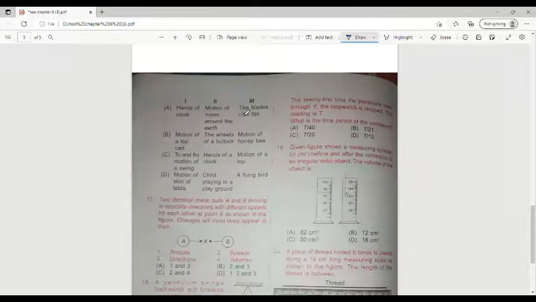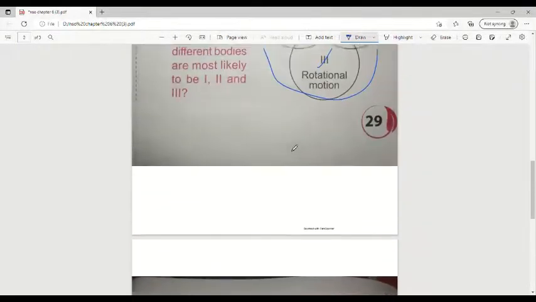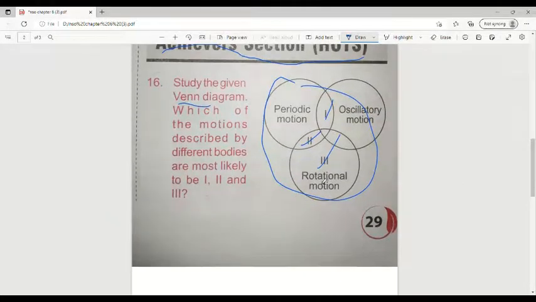First, second, third. First of all, we'll check the first option. The first region is periodic as well as oscillatory motion, the second is periodic as well as rotational, but the third is only rotational motion. So let's see the options.